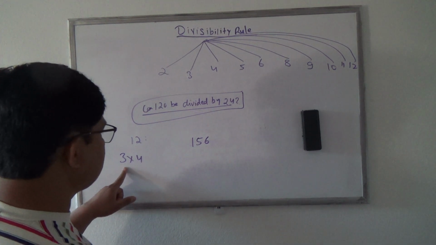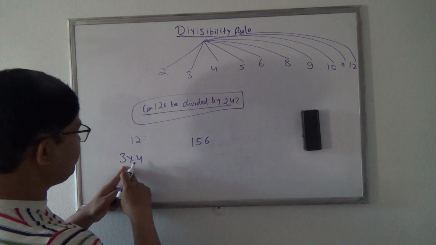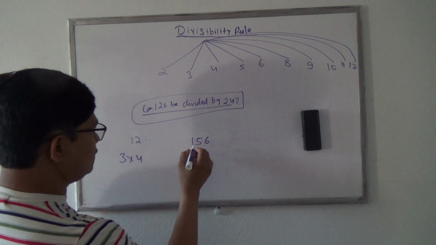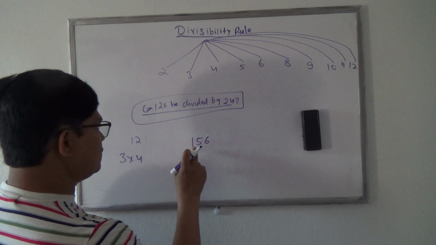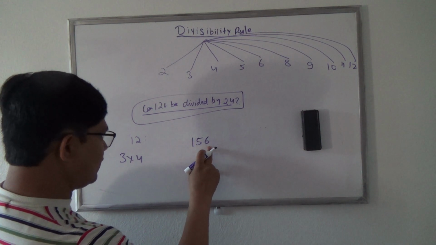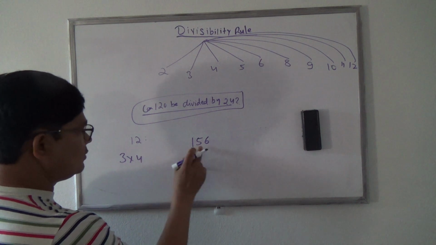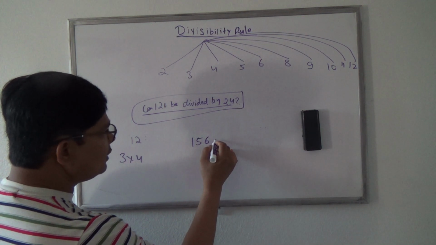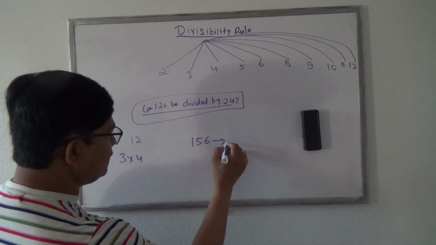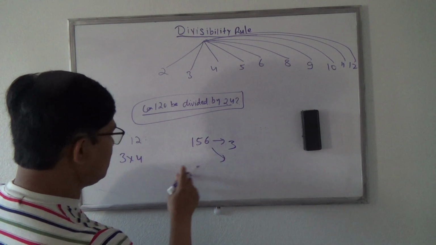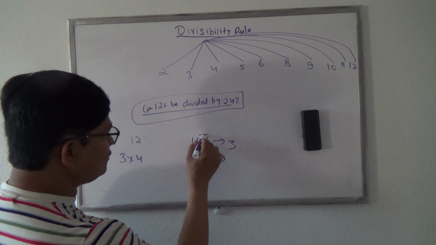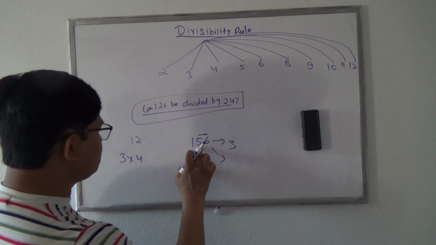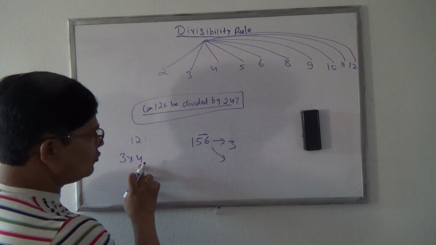Okay, the sum is 1 plus 5 plus 6, 12. 12 is divisible by 3, so this number is divisible by 3. Okay, what about 4? We have to check the last two digits. So 56 can be divided by 4.